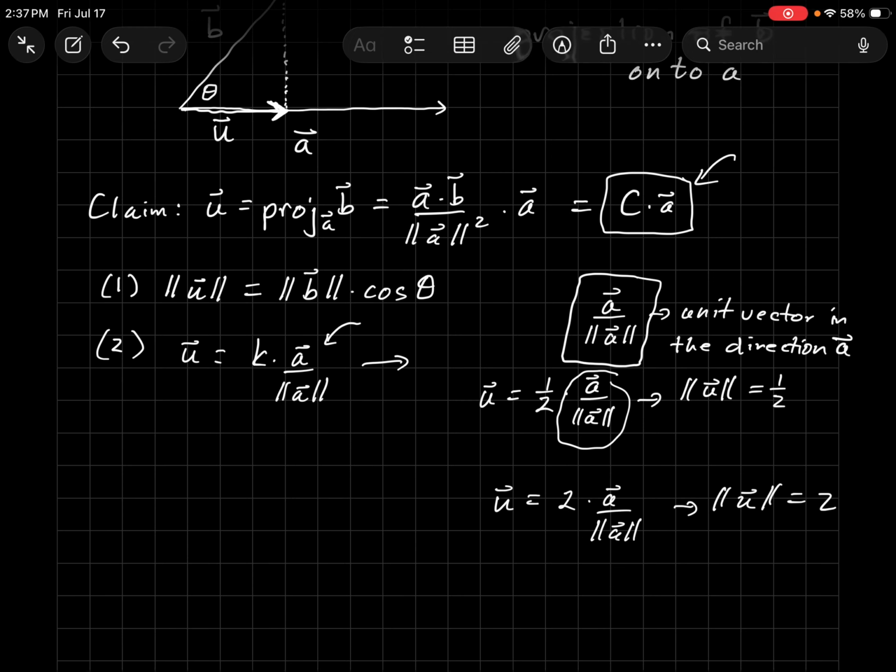So in general, we can say that U equals some number times A over the magnitude of A. But that some number is always going to be the magnitude of U.